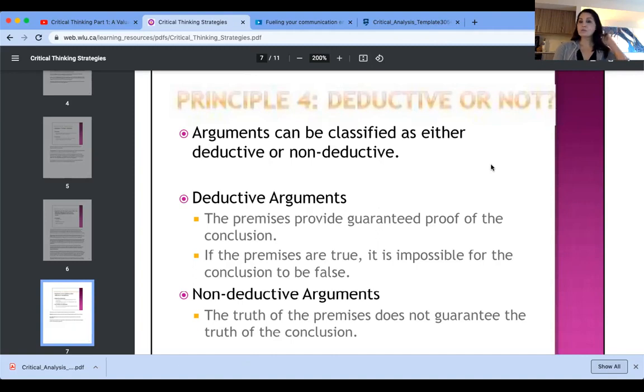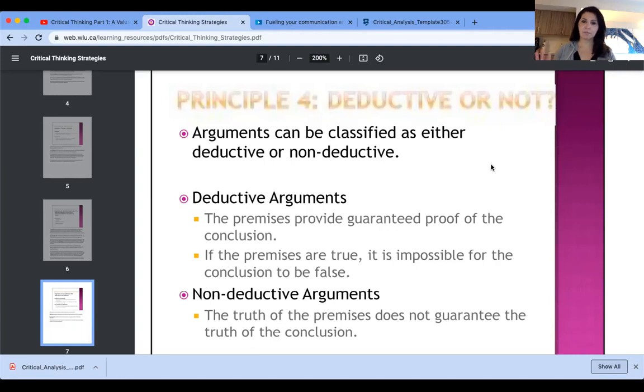So going back to the principles of debate analysis or critical thinking analysis, we need to realize two different types: deductive arguments and non-deductive arguments. Deductive arguments are pieces of evidence or reasons that guarantee the proof of the conclusion.